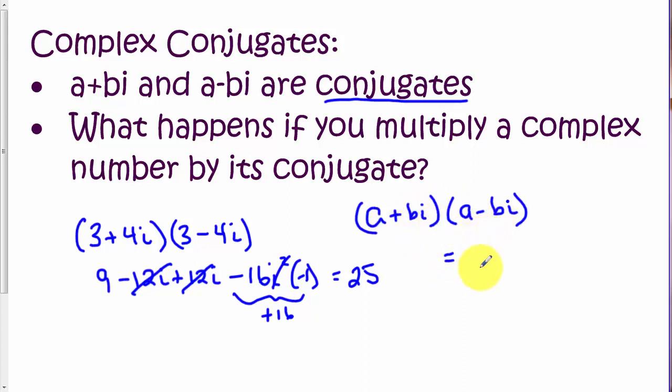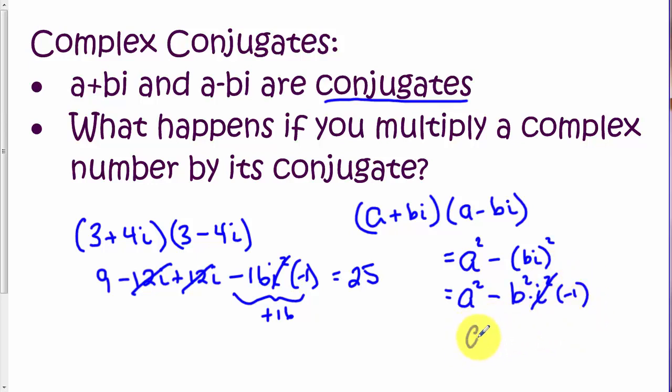So when we FOIL this out, we're going to get the first thing squared, a squared, minus the second thing squared, which, when we simplify it using our exponent properties, is b squared times i squared. And remember, this is negative 1. So we end up with a squared plus b squared.